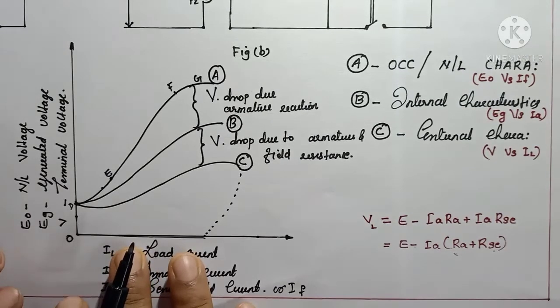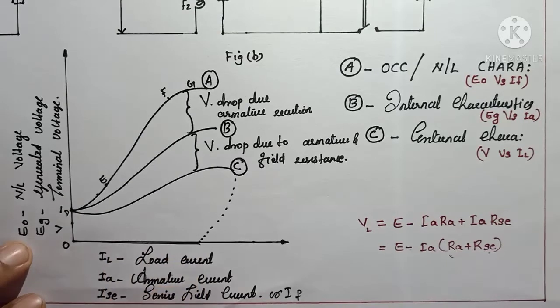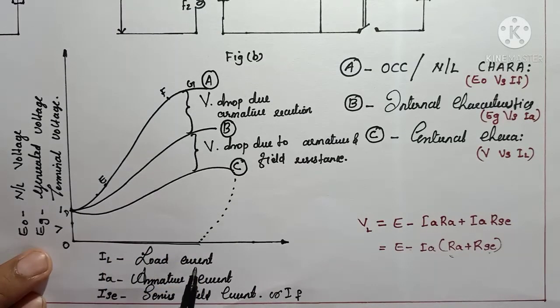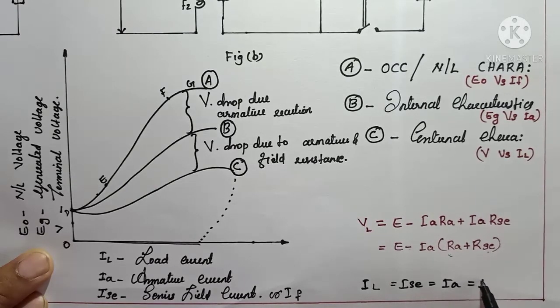Okay, and an important point is that if the load current is increasing, that is, if IL is increasing, you know that IL is equal to ISC is equal to IA in series wound generators.